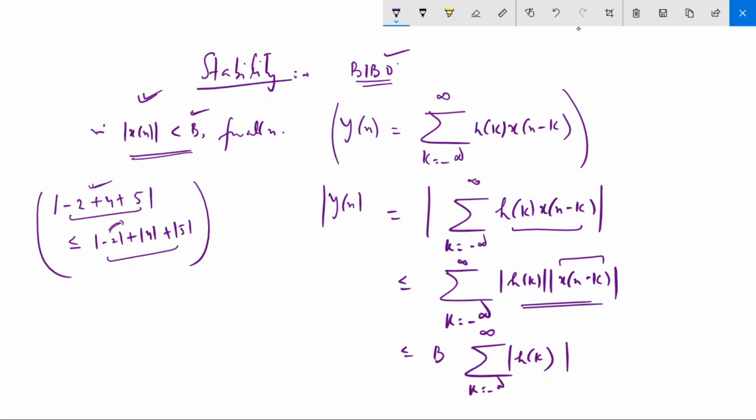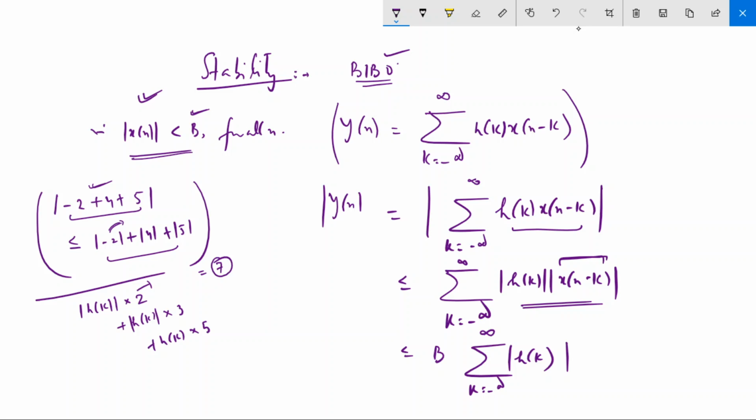When you find this product, again I take an example to simplify this. Suppose you have mod of h[k], which can take any value, and then mod of x[n minus k]. For one value of n and k, it may be 2, for another value it may be 3, maybe 4 or 5, but it will take a maximum value. Suppose that maximum value is 7.